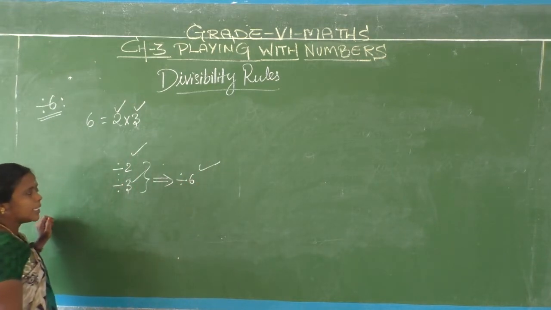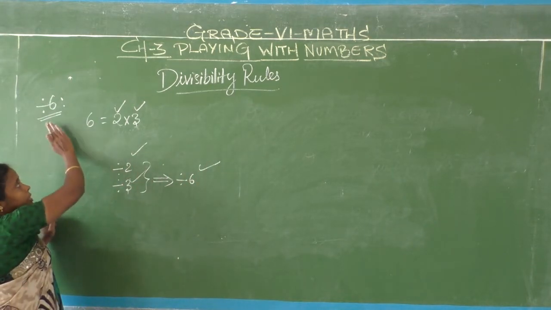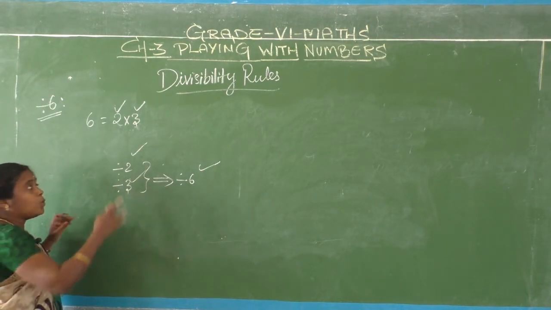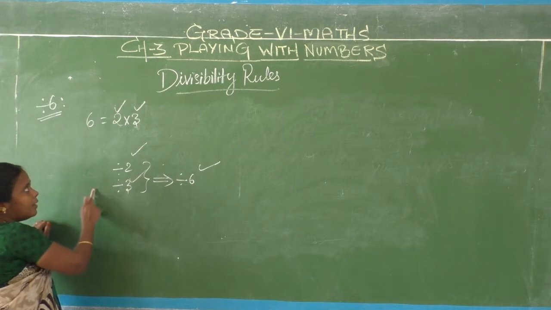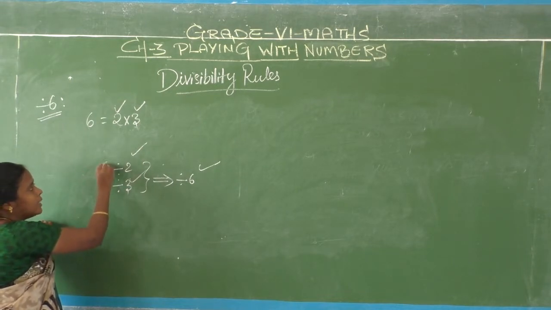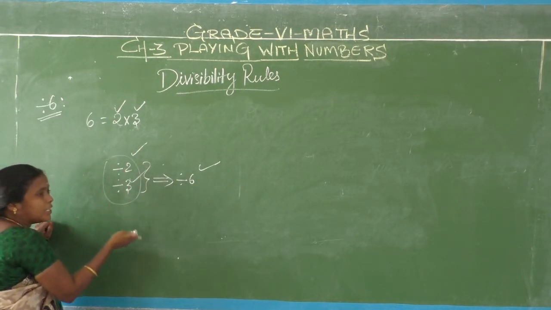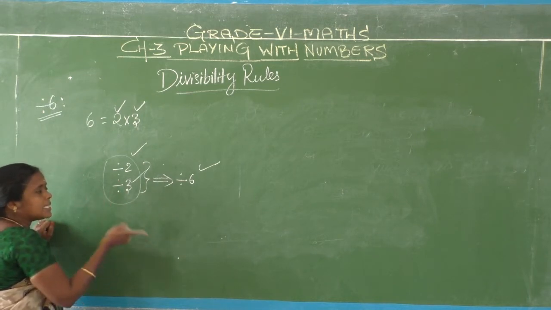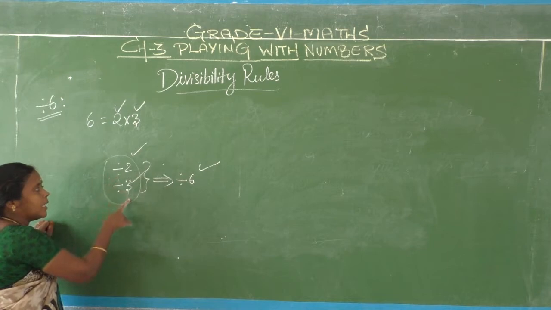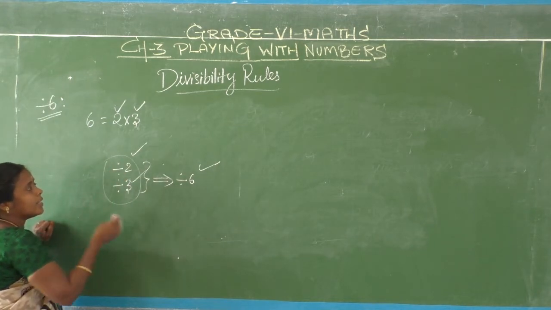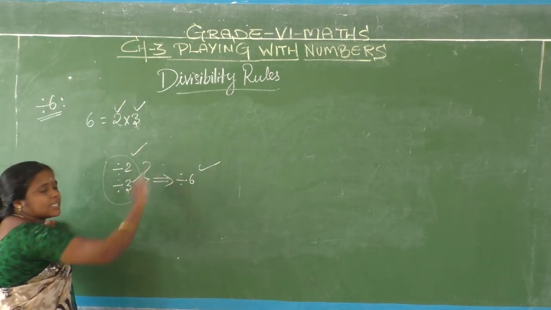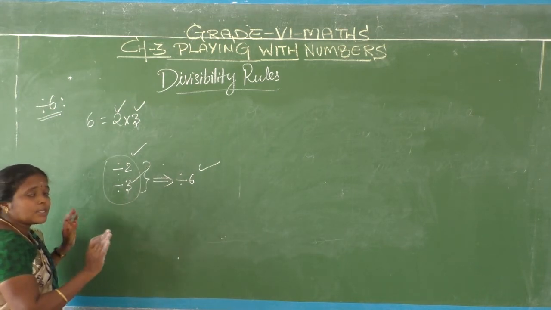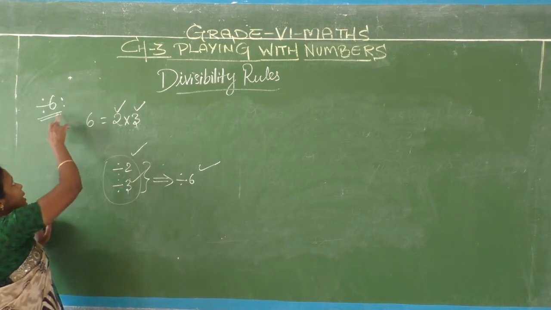There is no specific rule for this. We have to apply the given 2 rules, divisibility by 2 and 3, together. See children, again I am telling, there is no specific rule for divisibility by 6.